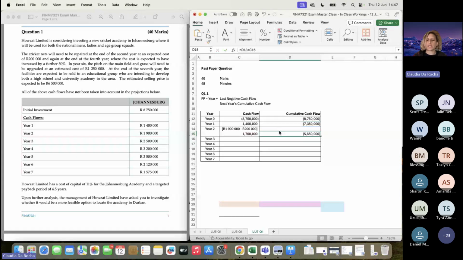And then we accumulate our cash flow. Then we go to year three. There was no adjustment for year three, so the year cash flow stays as it is.